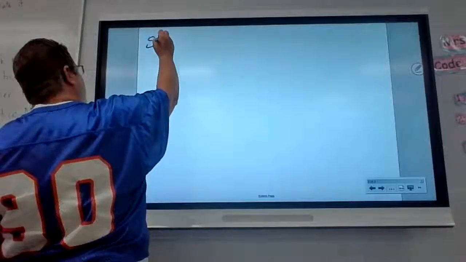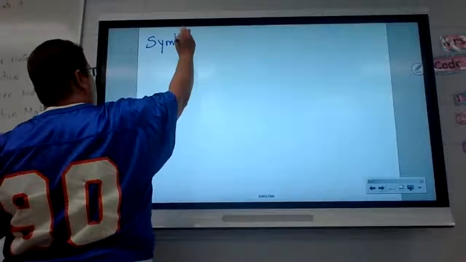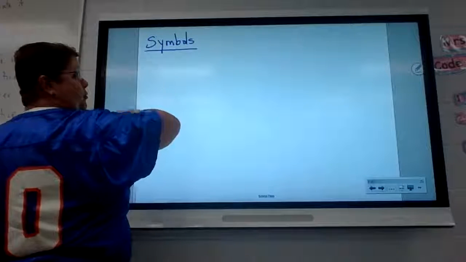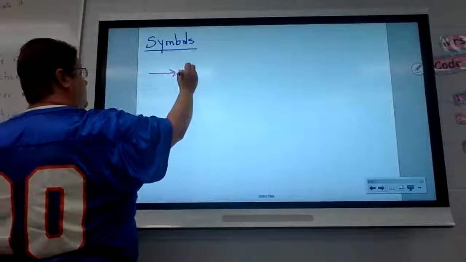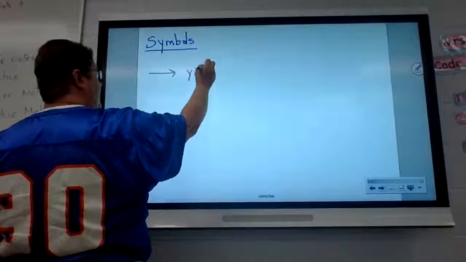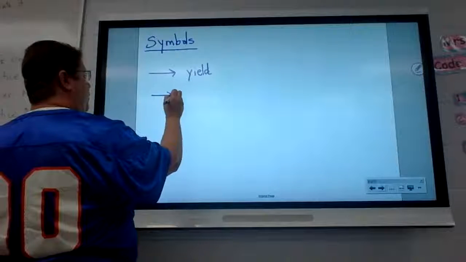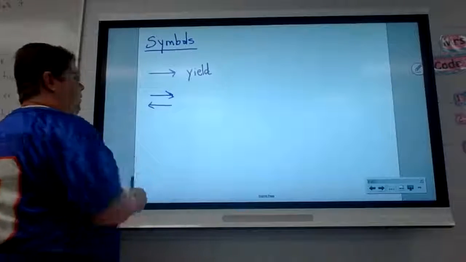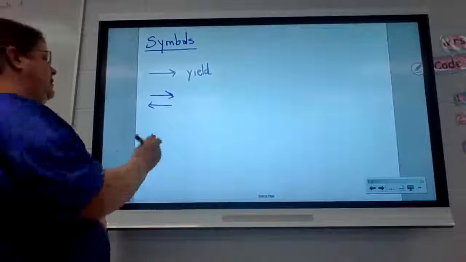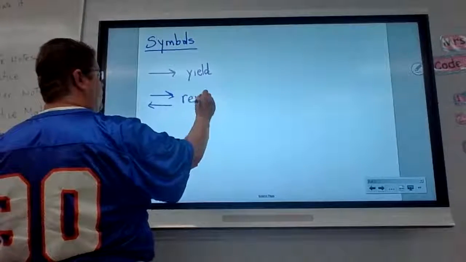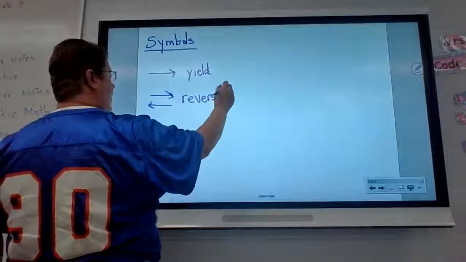So, some symbols we will use throughout the semester that you're responsible for knowing in a chemical reaction. First of all, that's a yield sign. At the end of the semester, we're going to talk about equilibrium. And so we will draw arrows that go two ways like this. And this means it's a reversible reaction.